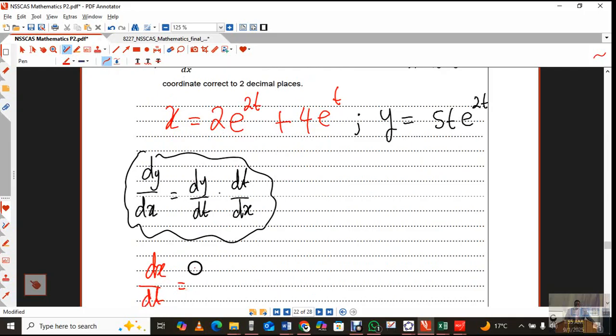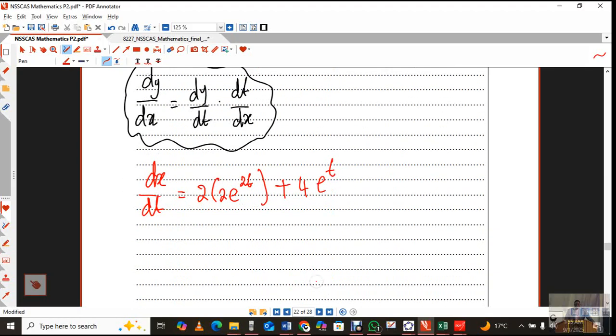If you differentiate, that is going to give you 2 times 2e to the 2t plus 4 times e to the t. That's all there is to it. You can literally clean it up. This becomes nothing but 4e to the 2t plus 4e to the t.